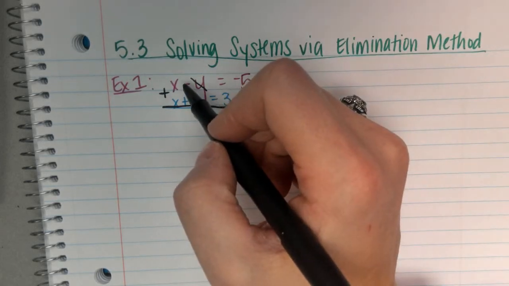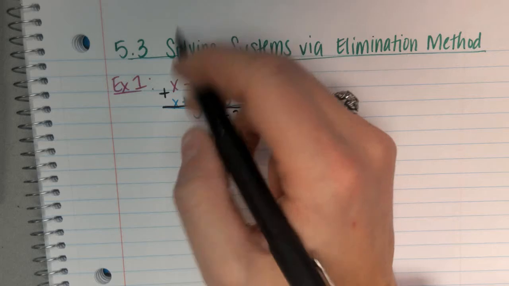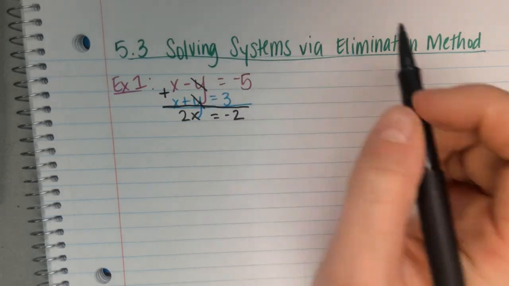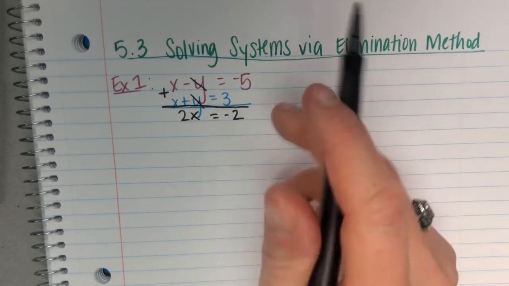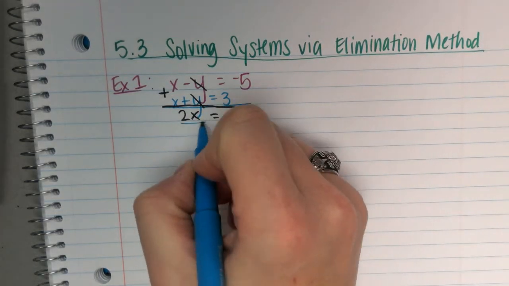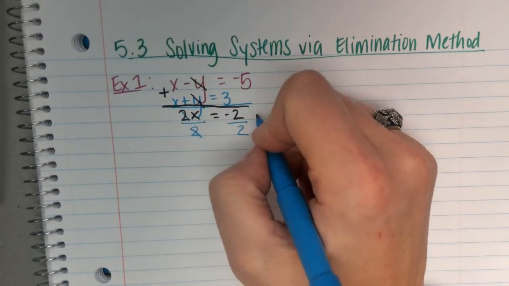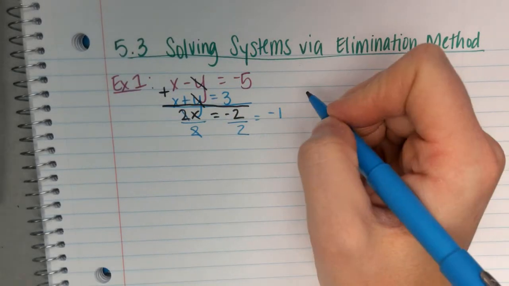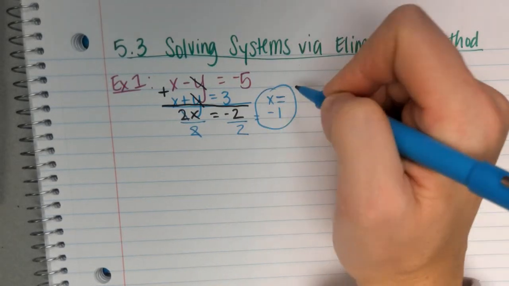And then you have a 1x and a 1x, so that makes a 2x. 2x equals negative 2. Crazy, right? Does not seem very easy. We need to get the x by itself. We're going to divide 2 off of each side, and we get x equals negative 1.